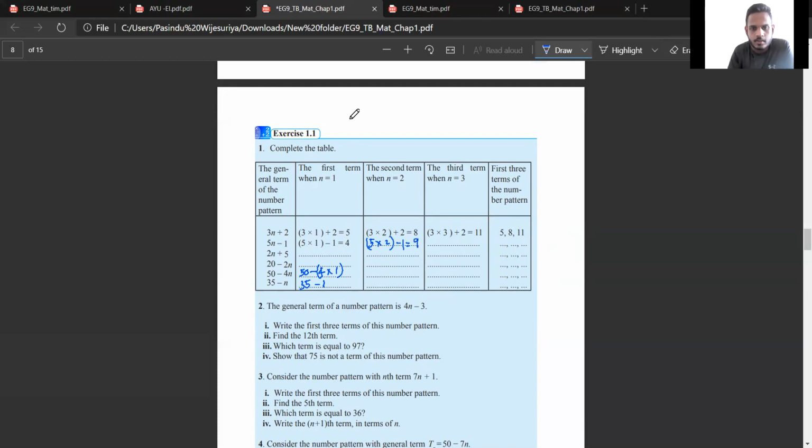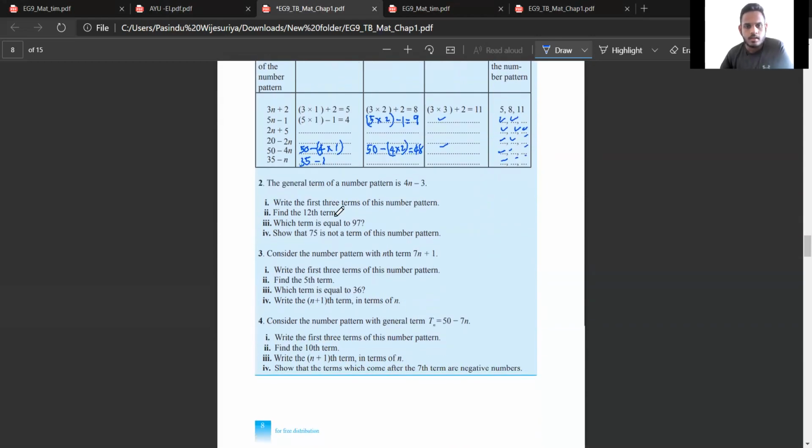I'll do this one as well: 50 minus 4 into 2. 4 into 2 is what? 8. 50 minus 8 is 48. Then here the term number 3 should be substituted. Then you should be able to fill all these. Then the general term of a number pattern is given as this.